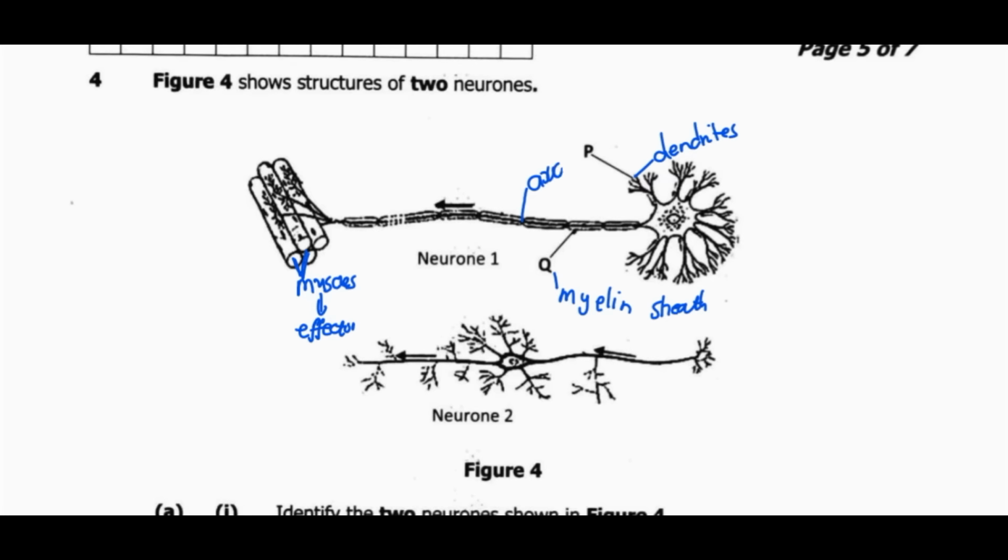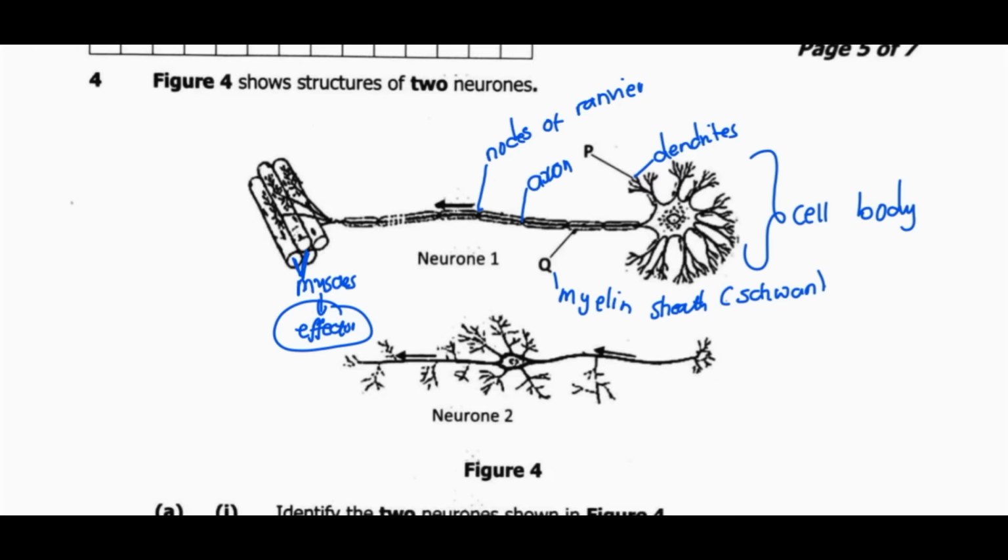Then the myelin sheath is made from the cells that are known as the Schwann cells. Now, whenever you have muscles or an effector and the cell body, this is where the cell body is.